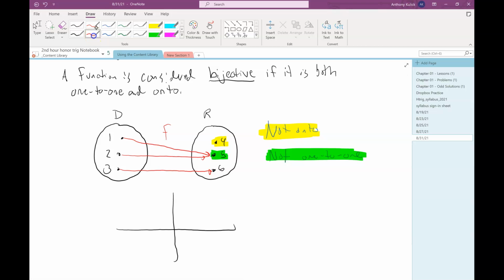Let's do the same thing, but this time maybe we'll look at a graph. Is this onto? It's not, because we have some y coordinates that aren't used.